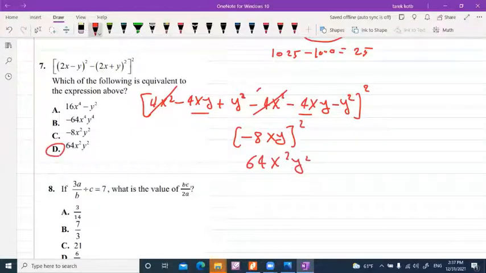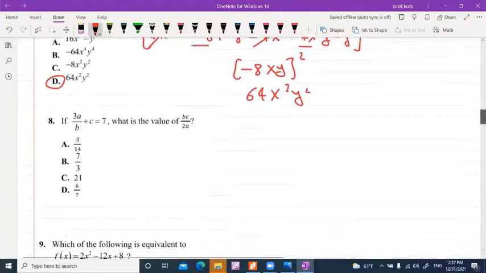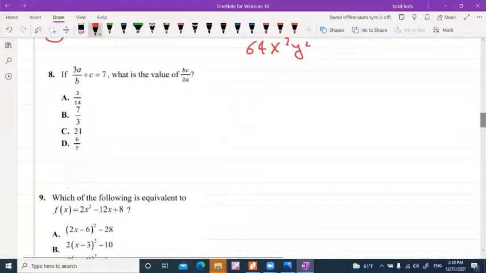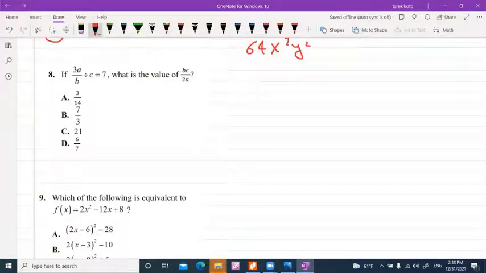Number 8. What's the value of bc over 2a? Look at this expression. 3a over b divided by c means times 1 over c, because you have to flip this fraction, equals 7.